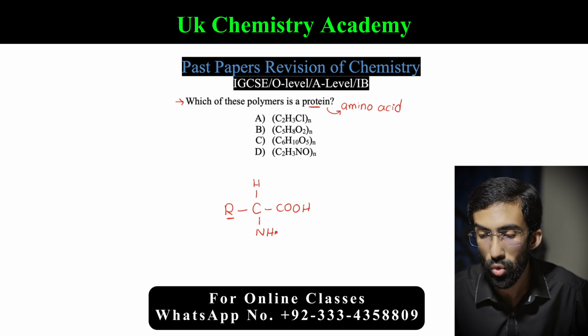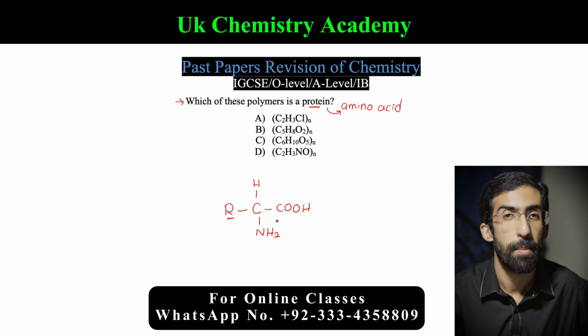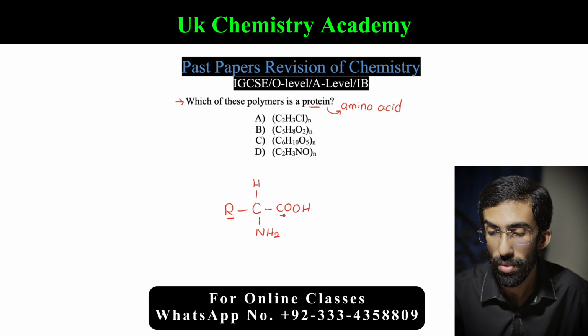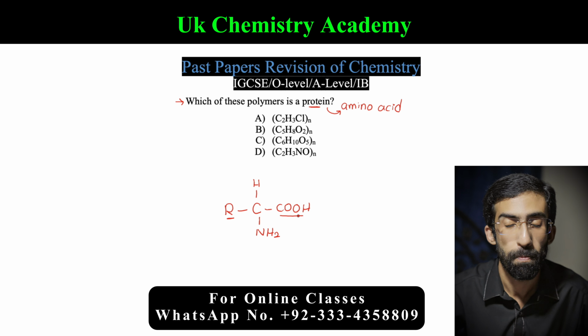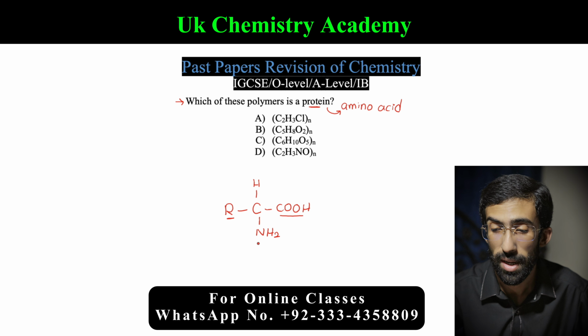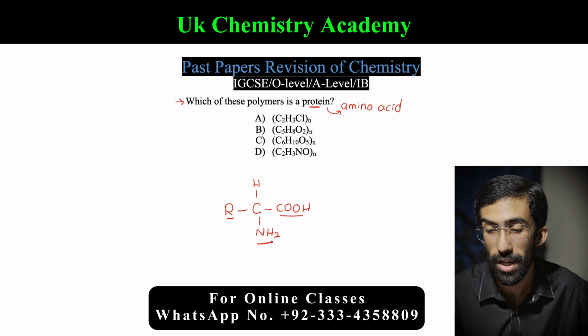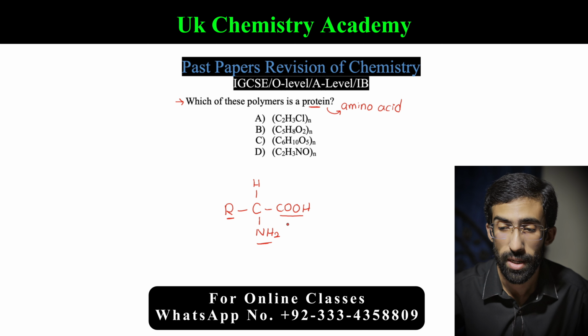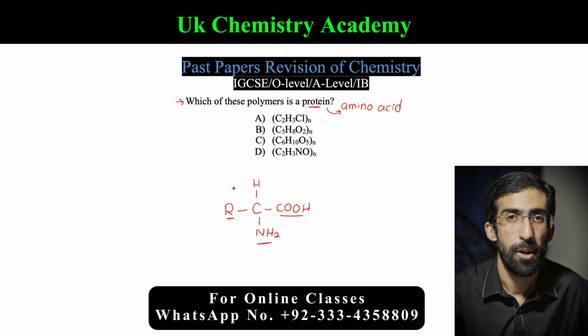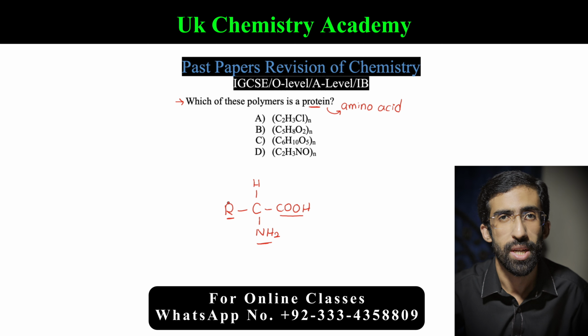There are two groups in the amino acids. The first one is the carboxylic group, which is acidic, and the other one is the amino group. That's why this molecule is called amino acid.